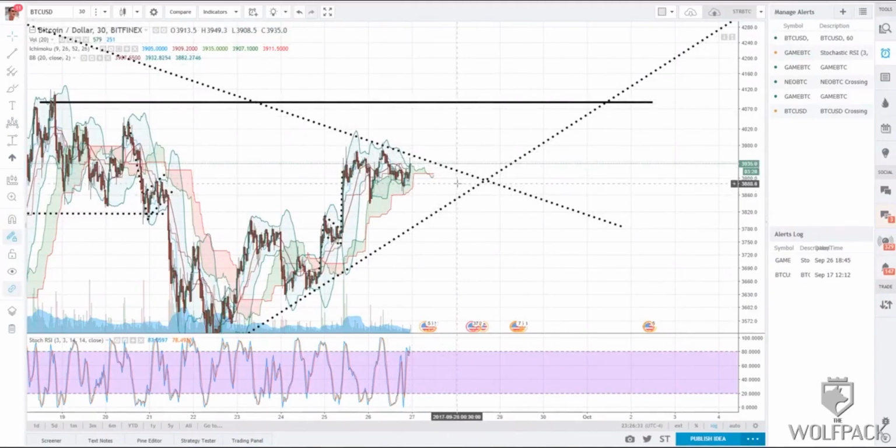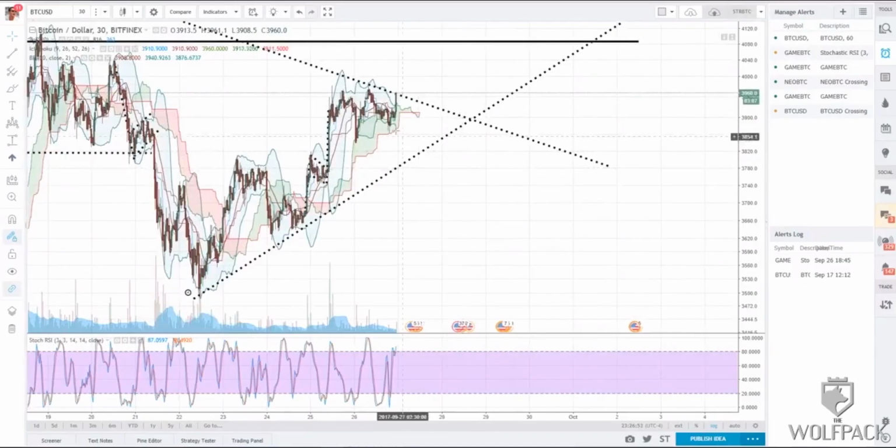If they're sitting on the sidelines with fiat and they see that the resistance is being challenged and they're at the end of a triangle breakout zone, then as soon as it breaks this downtrend, you're going to see a spike up. Trust me, it always happens. If it breaks the support, you're going to see a rather large spike down, but it'll probably bounce probably right here, since there's this moving average floor right here.